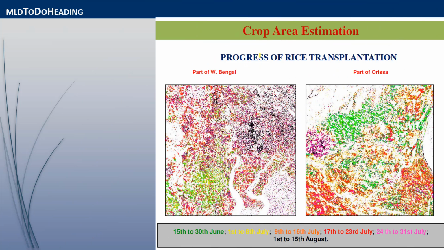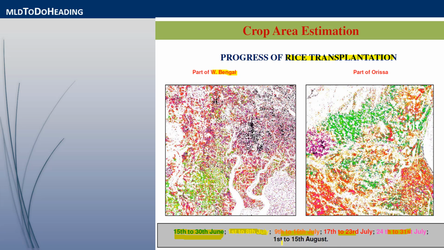Next is this heat map showing regions of West Bengal for the progress of rice transplantation. The green part over here is the rice transplantation process from 15th to 30th June, and the yellow part represents 1st to 8th July.